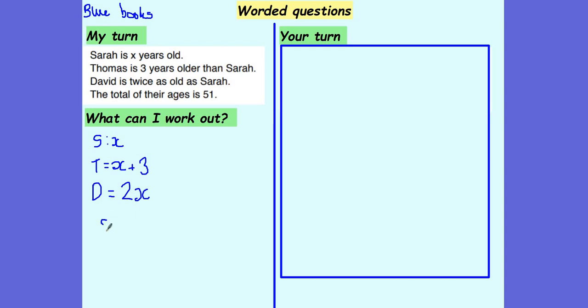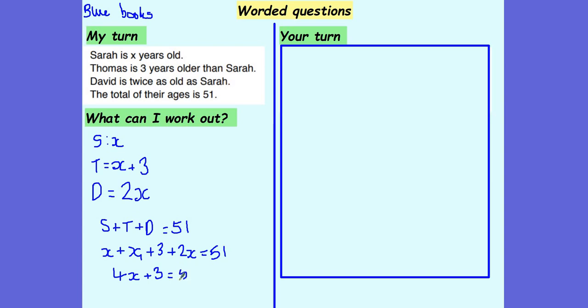So I know that Sarah plus Thomas plus David is 51. So x plus 3 plus 2x is 51. That tells me 4x plus 3 is 51.